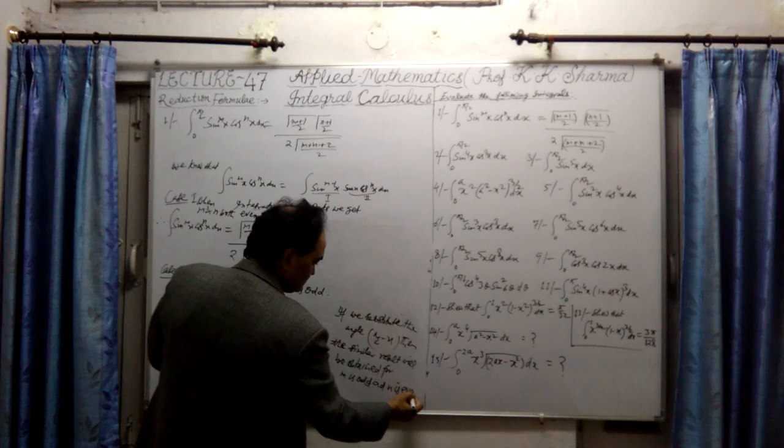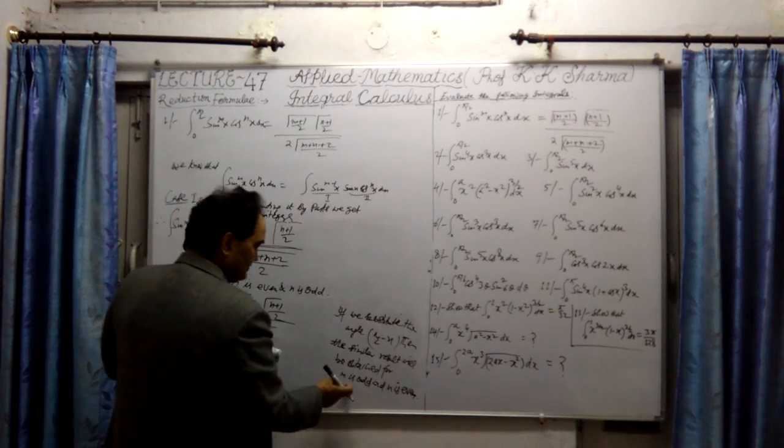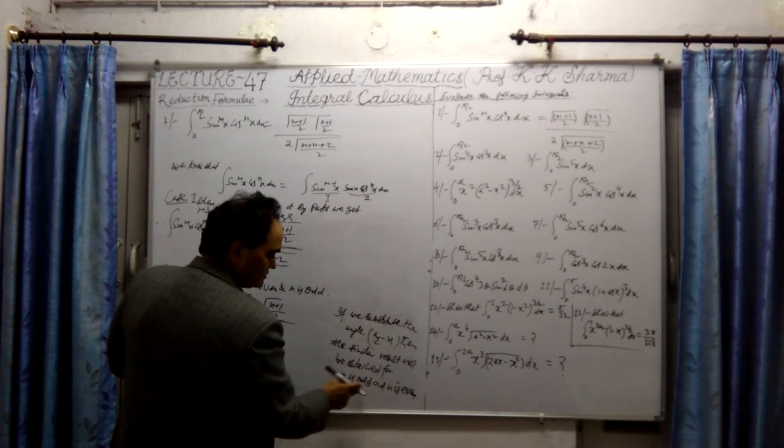So n is even, m is odd. Here it was m is even and n is odd. Here it is m is odd and n is even.